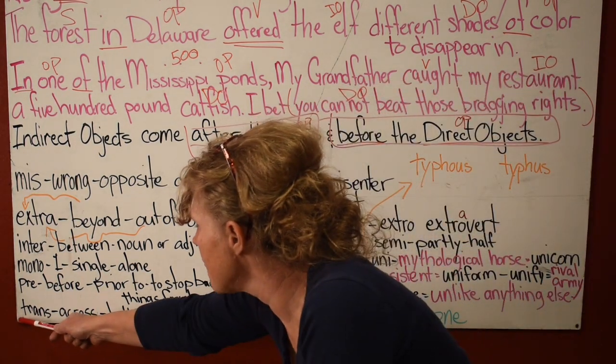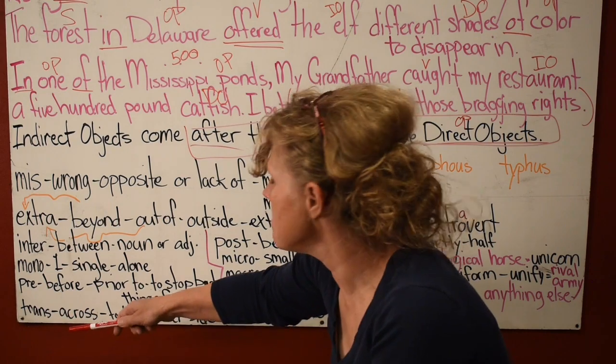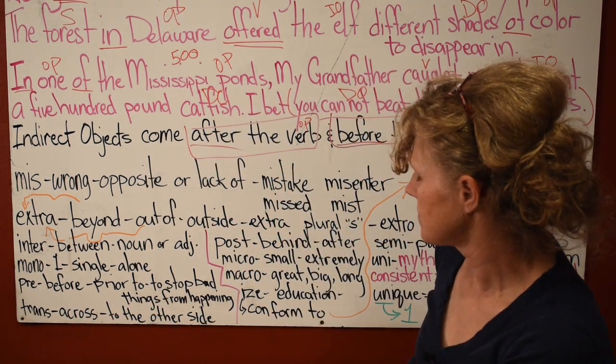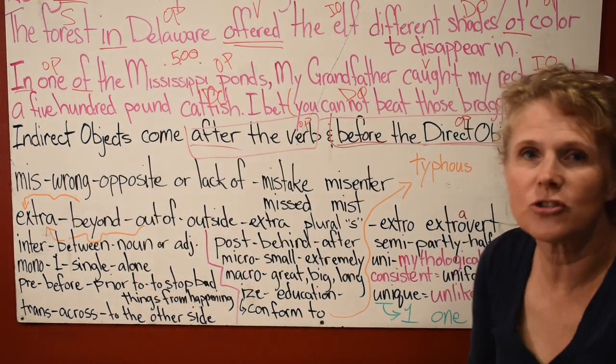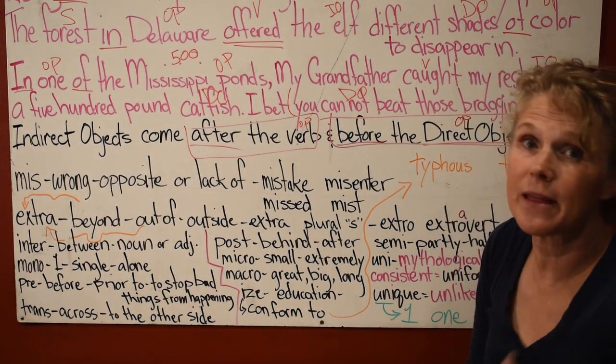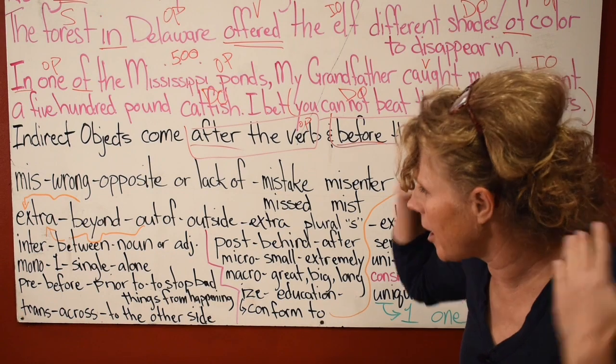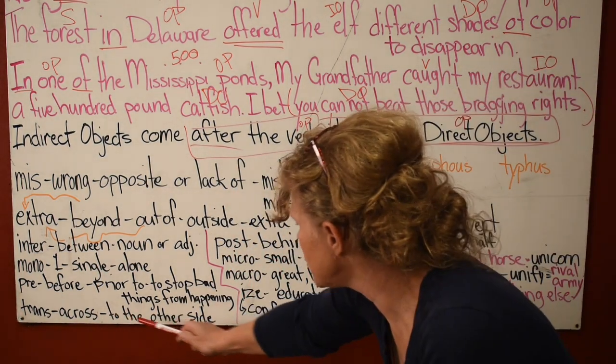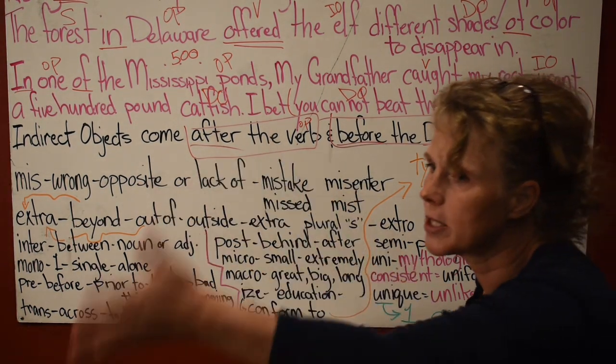Okay, so now we have trans, and that means across to the other side. So if you think transcontinental, that's what I think. That one really cinches it and it helps remember. It's across, or it's going to the other side of the continent.